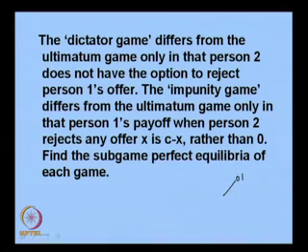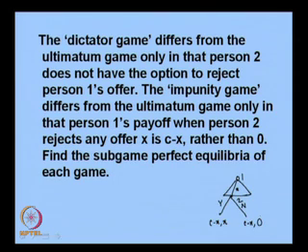So, it looks like the following: player 1 is making some offer x, and again here player 2 can say yes or no. If yes, the payoffs are these. If no, player 1's payoff remains c minus x, but player 2's payoff becomes 0.